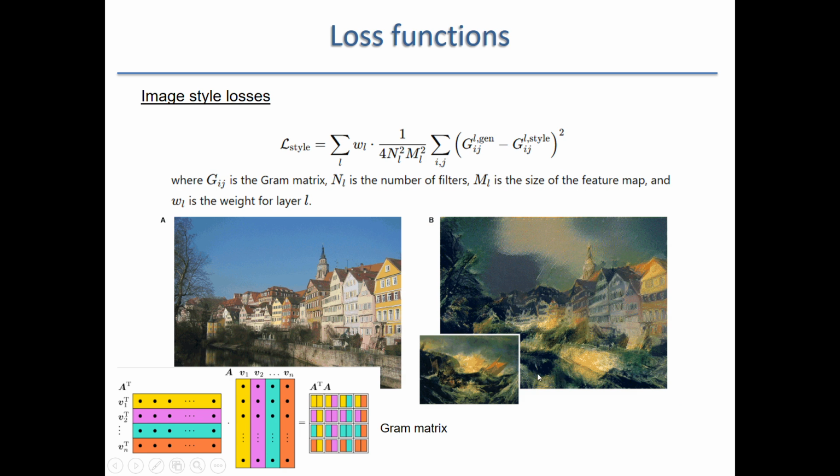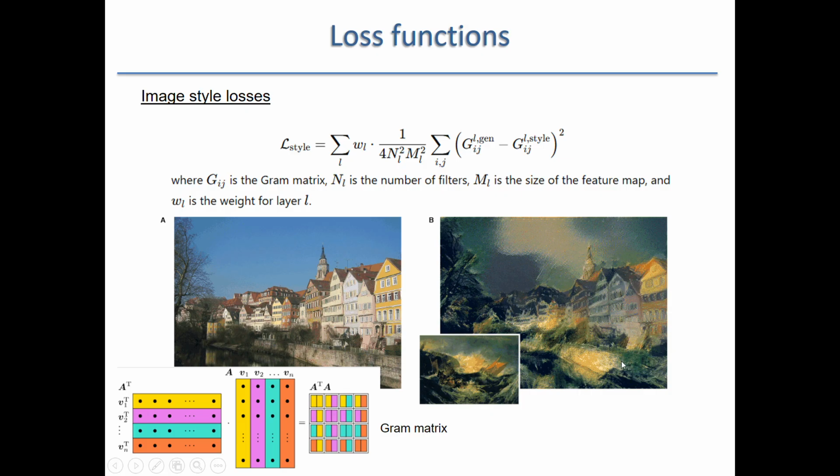Another application with losses that are specific to a particular problem is image style transfer. You have this picture, and you want to transfer the style of this picture to this one, and then get something like this.